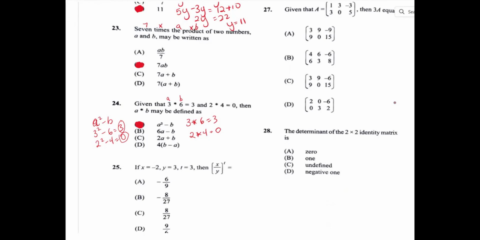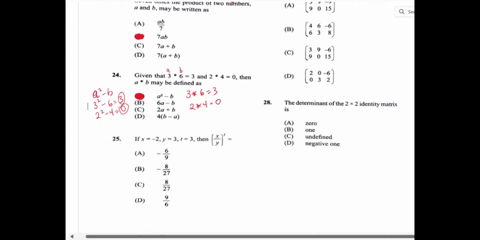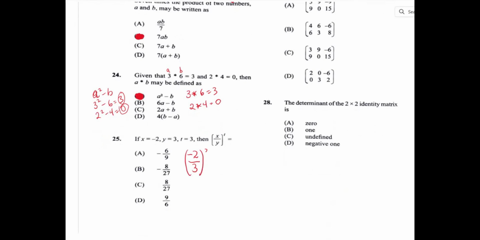Number 25. If x is -2, y is 3, and t is 3, what is x over y to the t power? So substitution: x is -2 over y, which is 3, in brackets, to the power of 3.